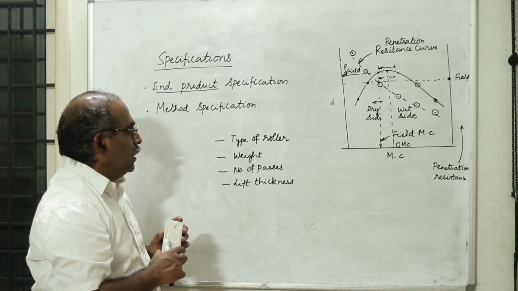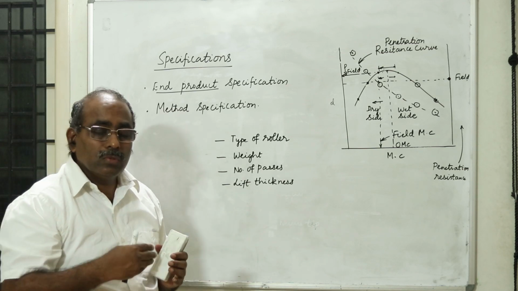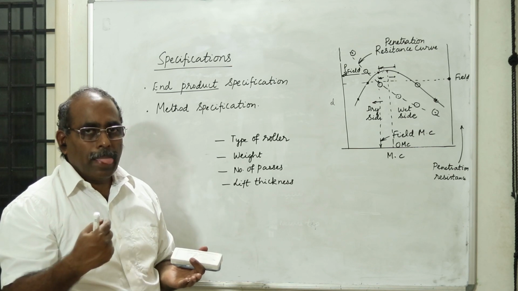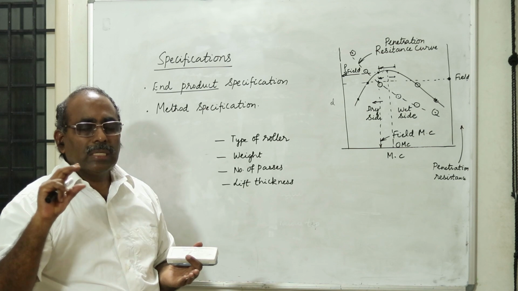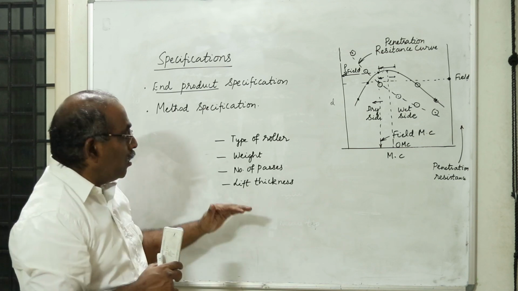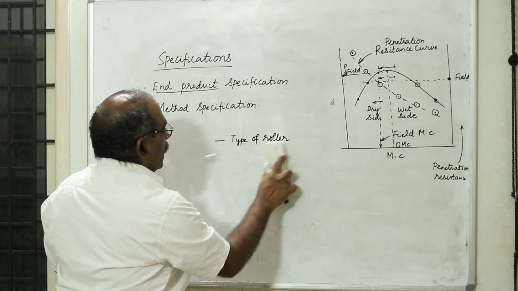Now, for using this method specification, it's very, very essential that you do trial runs and first decide, okay, if I use a 10-ton roller, is it going to be sufficient? If I use a lift thickness of 20 centimeter and I have 8 passes or 9 passes or 10 passes, accordingly I need to fix my contractor. Therefore, you need to have a proper trial run for this.